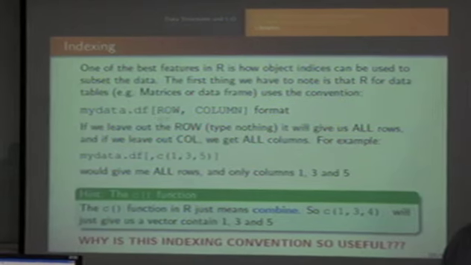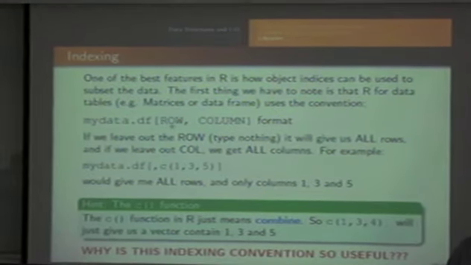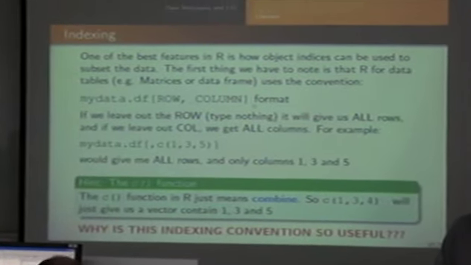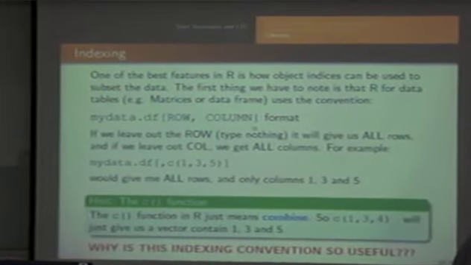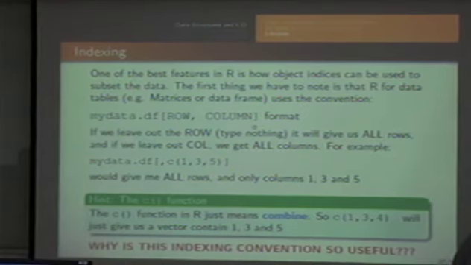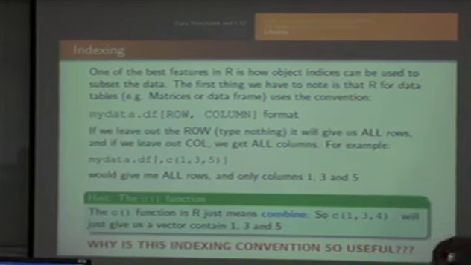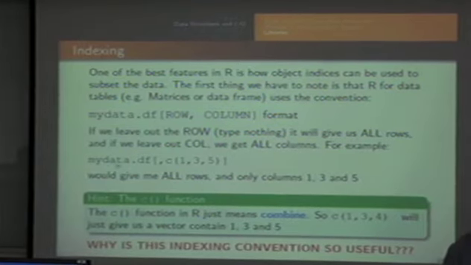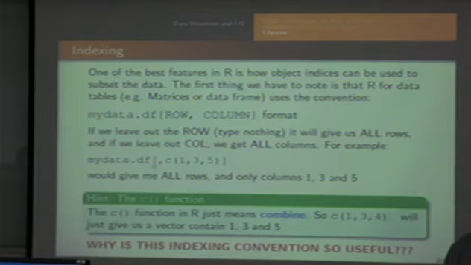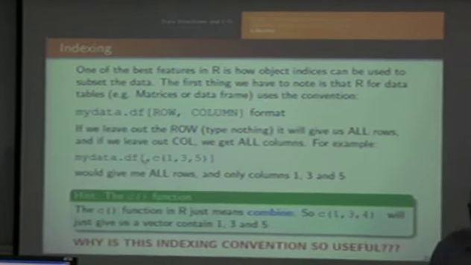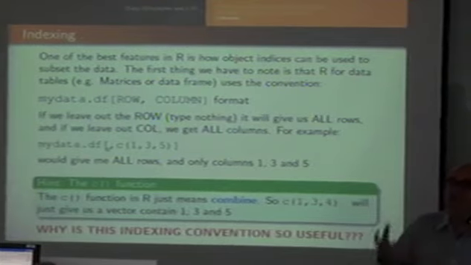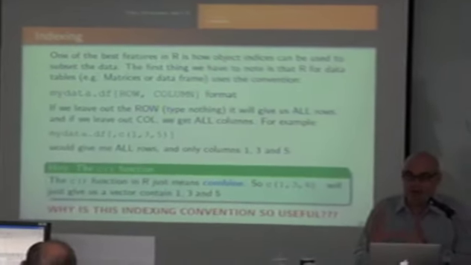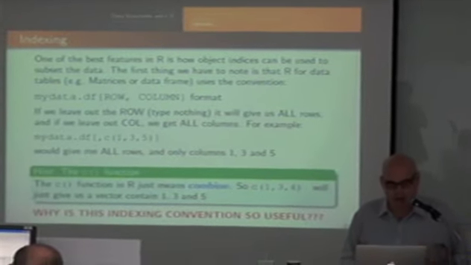If we leave out this row reference, type nothing in other words, so there'd just be a comma there, and then I would have column reference, it will give me all rows by default, and vice versa with the columns. Okay, so let me give you an example. If I write mydata.df, comma, so there's nothing before the comma, means give me all rows, because I haven't given you a subset of rows, so by default give me all rows.